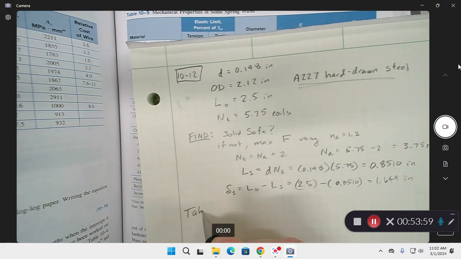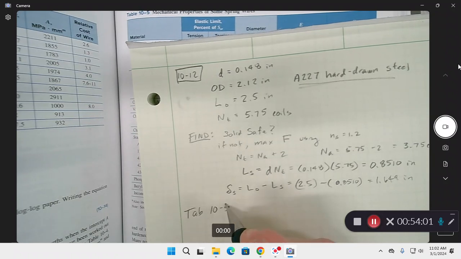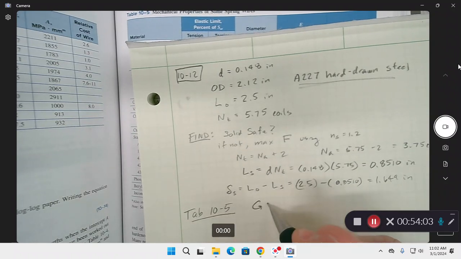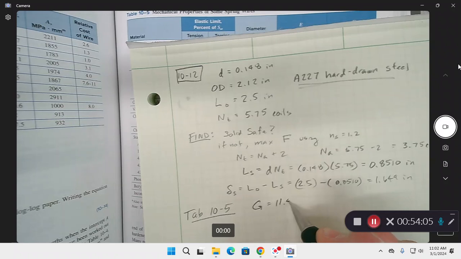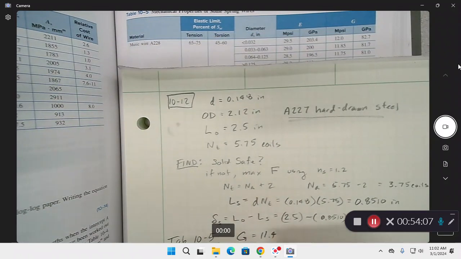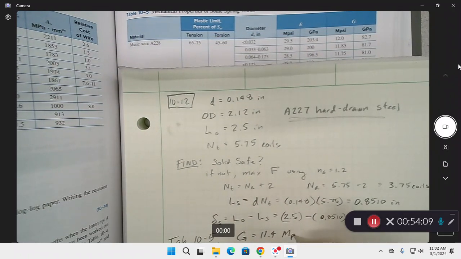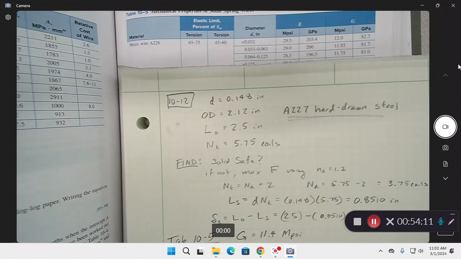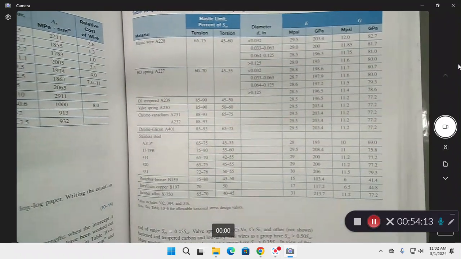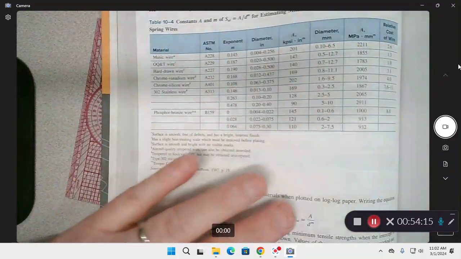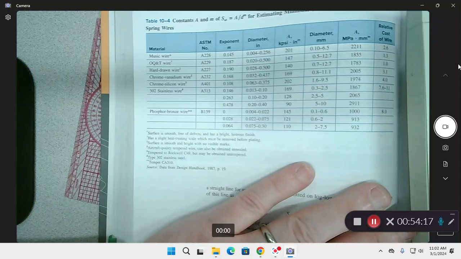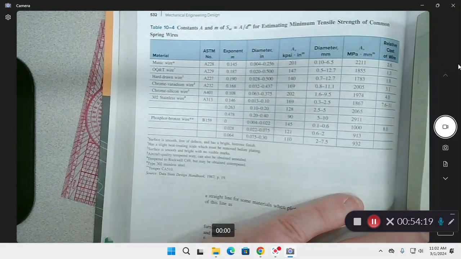So I'll write down what that is here. Table 10.5, G is 11.4 MPSI, or million psi. And then while we're over here, we'll get this from table 10.4.